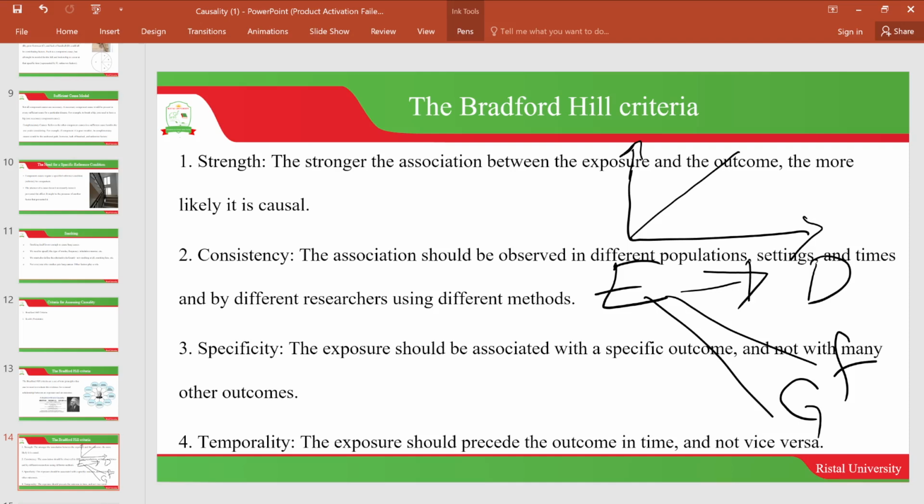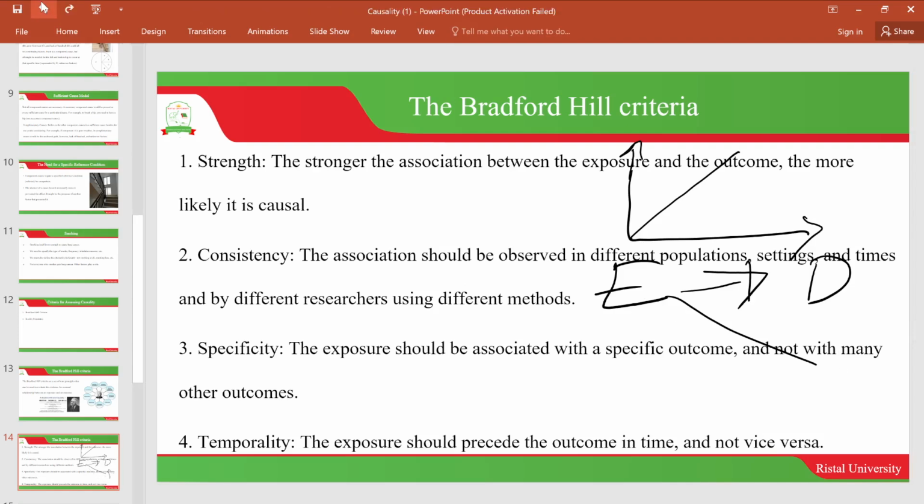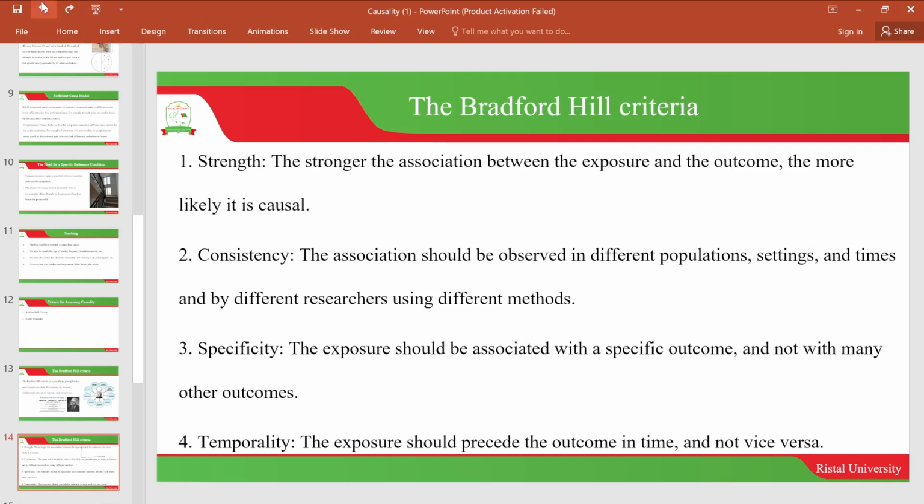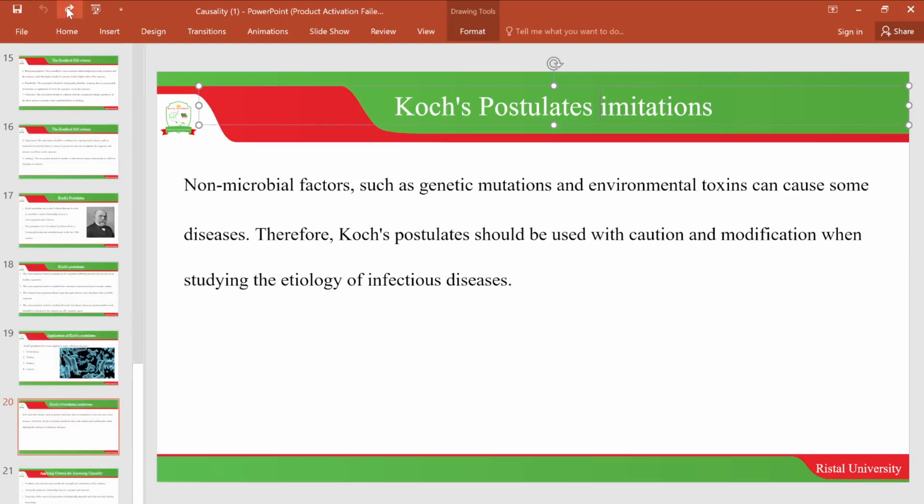If the exposure is smoking cigarettes, and that smoking is linked to lung cancer, that is the point we are stressing here. When it is linear, and every time it is linked to one particular issue, that is better than if you have it spread out.